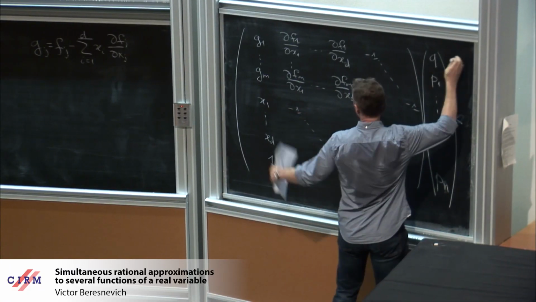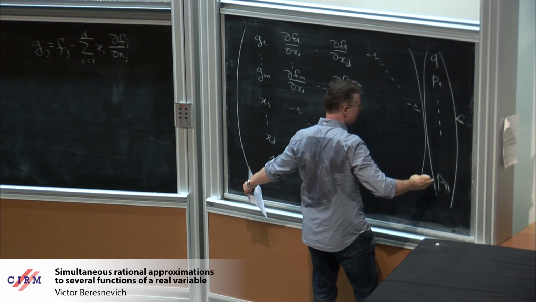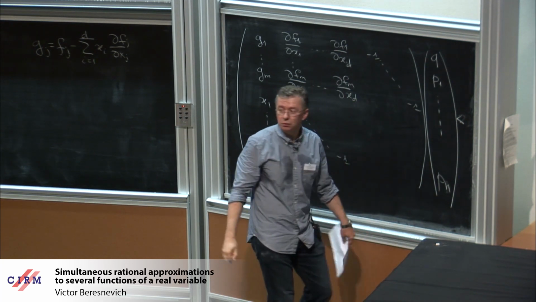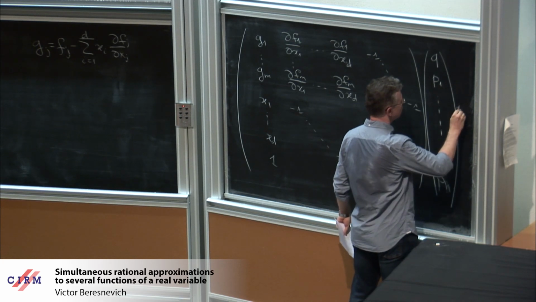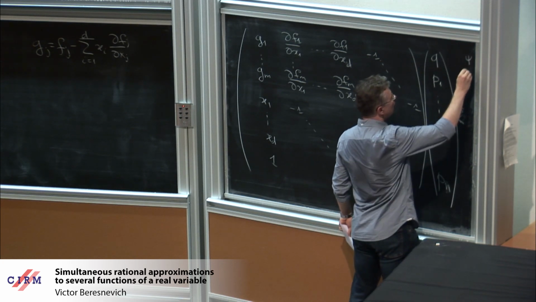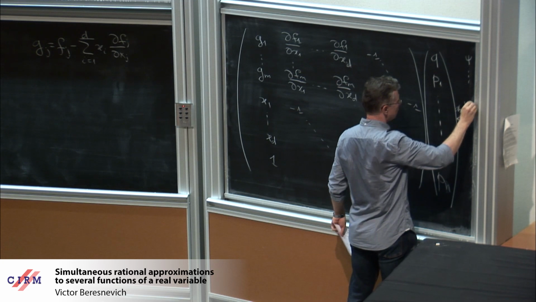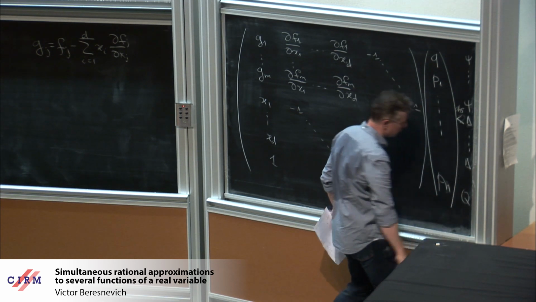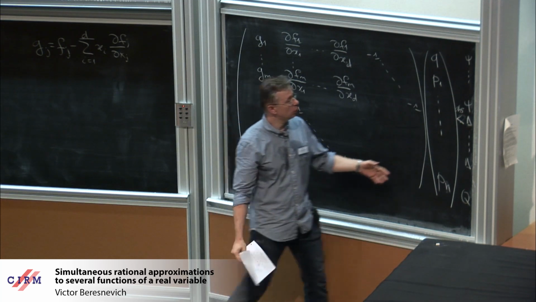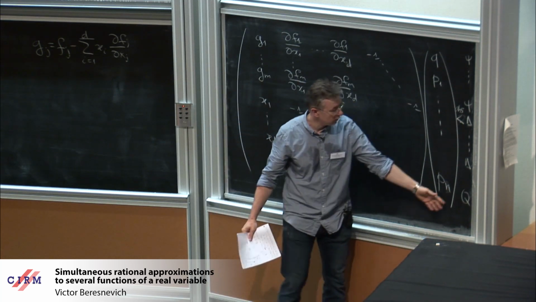So to accomplish this, I'm basically taking this system of linear forms, taking their absolute values, and asking them to be smaller than some parameters, which I just call psi, delta, and q.